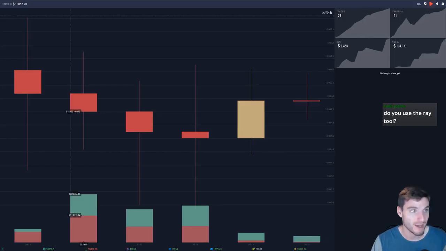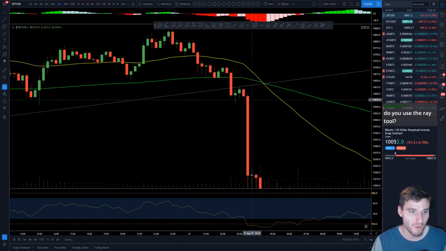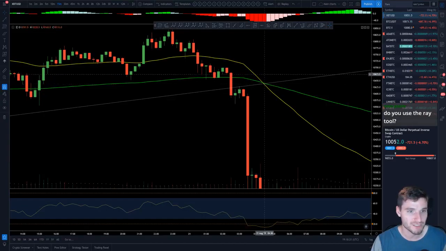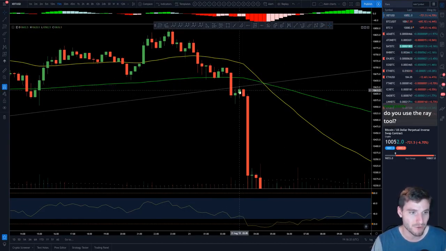Big orders coming in at the same time as you is another way of seeing confirmation. If we see a backtest and people start piling in on shorts, it's another way of adding confirmation that that's a level people want to short.